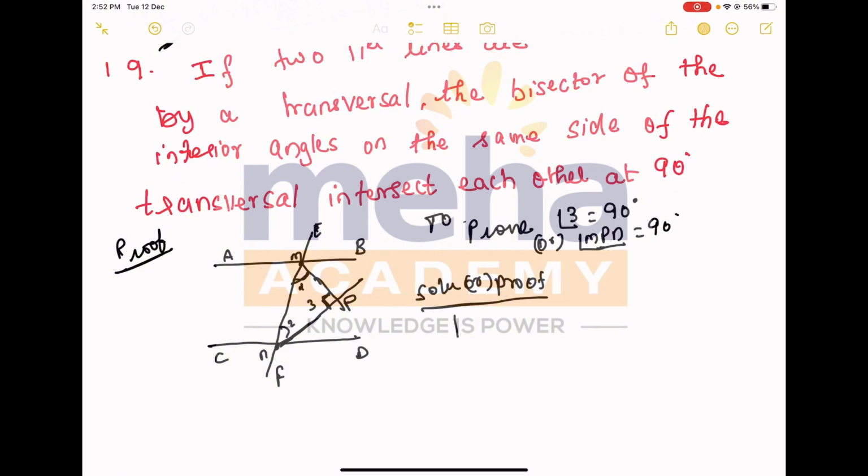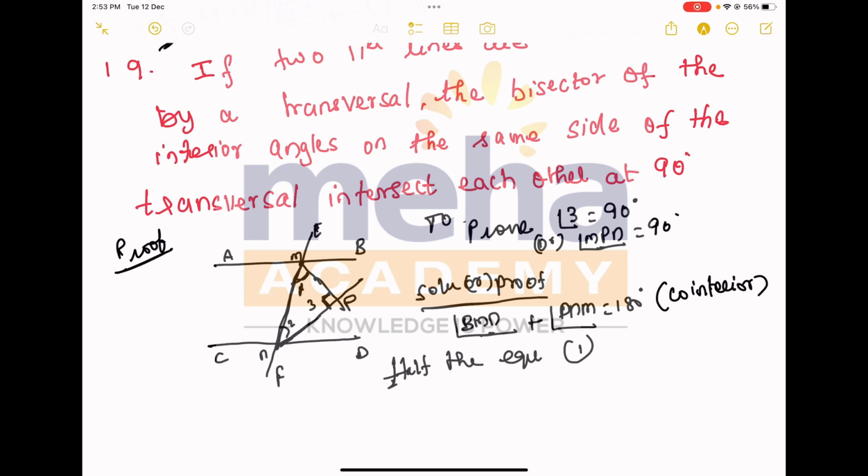We know that angle BMN plus angle DNM is equal to 180 degrees, because they are co-interior angles. You could find a C also, it forms a C. This is the first finding, so let us keep this as 1.